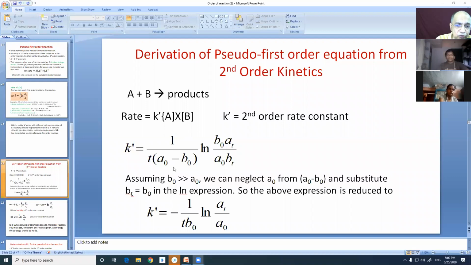So it is reduced to minus 1 by T B0 ln AT by A0, because B0 and BT get cancelled.